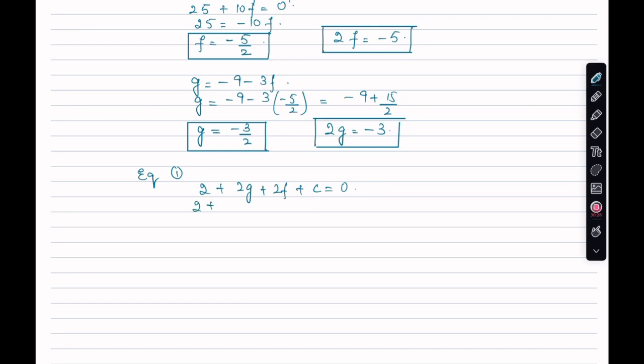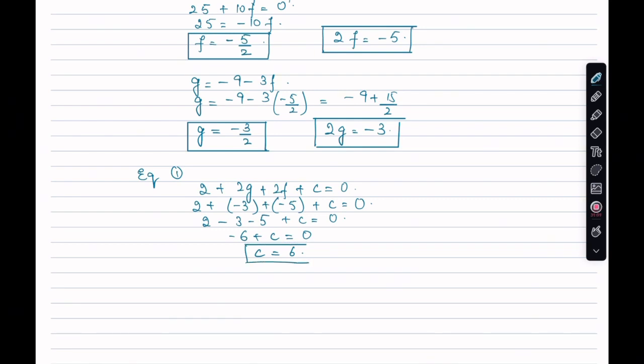This is the reason I was getting 2f and 2g, because in the first one I just had a 2f and a 2g. So I substitute 2g, which is negative 3, and 2f, which was negative 5: 2 minus 3 minus 5 plus c equals 0, or negative 6 plus c equals 0, so c will be equal to 6.